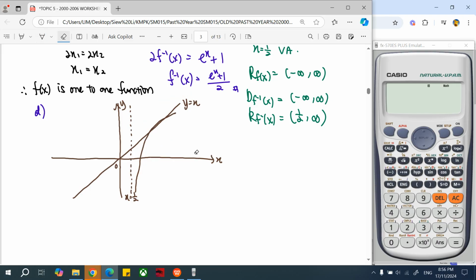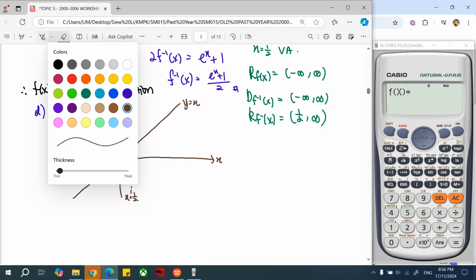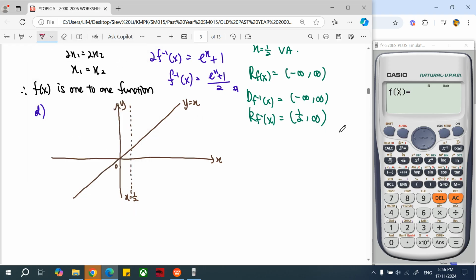To check this, we can test with your calculator. So set your calculator mode into table. We just need to find their coordinates so that we can be sure that the point is going above or below the reflection axis.